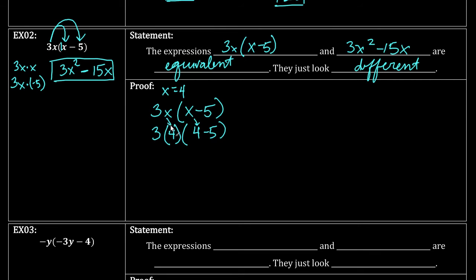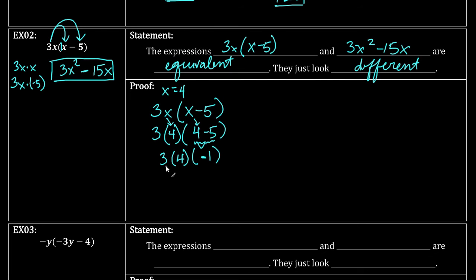Remember, we substitute in a 4 for the x. Let's do everything inside of parentheses first. 4 minus 5 is not 1, it's negative 1.